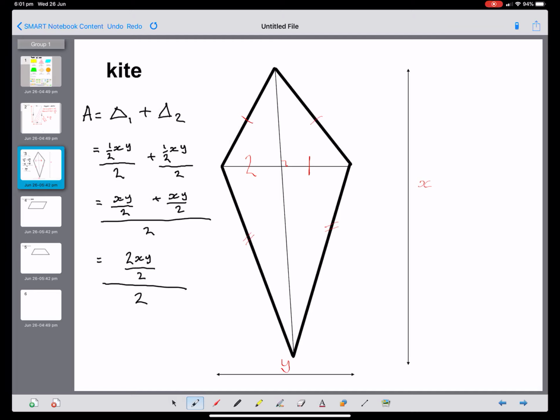It's still all divided by 2. 2 divided by 2 goes once. So we get the area of a kite is xy divided by 2. Okay, so hopefully you can follow that.